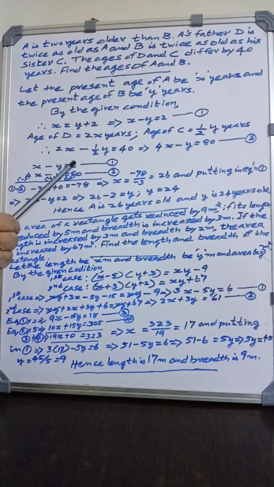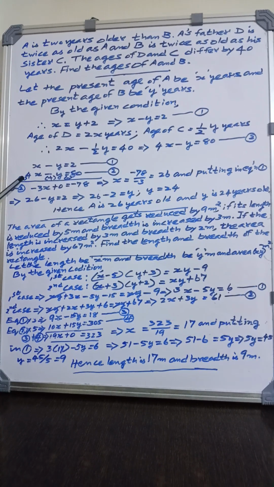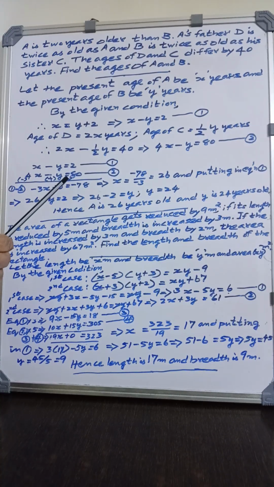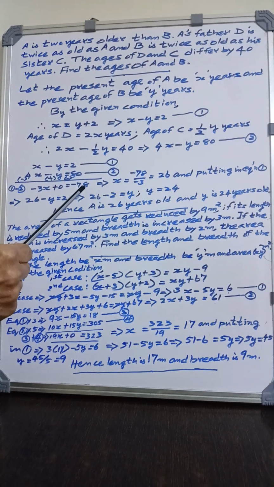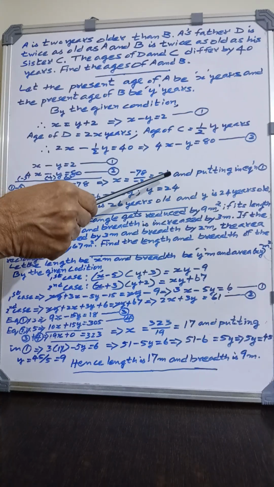Therefore, subtracting 1 and 2, we get minus 3x. 4x changed in sign is minus 4x, plus y minus y gives 0, so minus 3x plus 0 equals minus 80 plus 2, minus 78. Minus 3x equals minus 78. x equals minus 78 by minus 3, which gives 26.